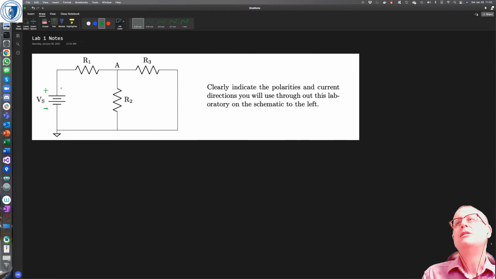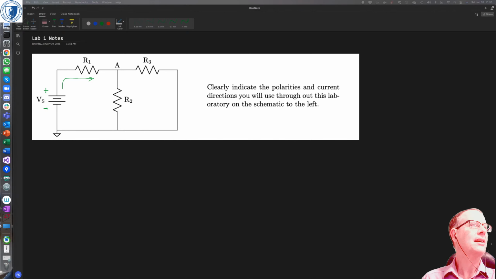So in order for us to have R1 satisfy the passive sign convention, how do I label the polarities? Dylan? Any idea about how to label R1?